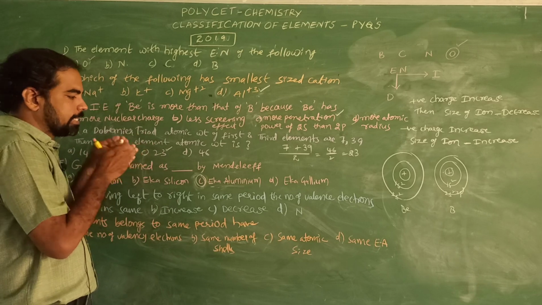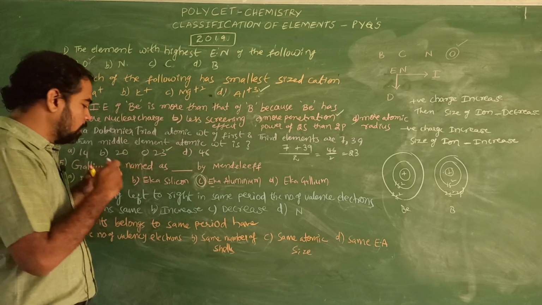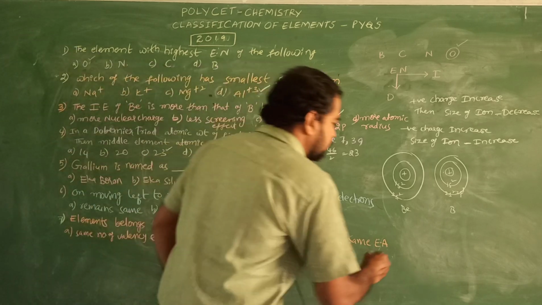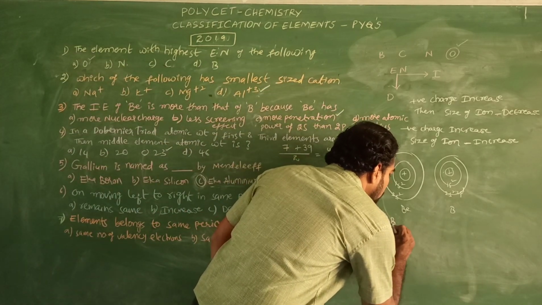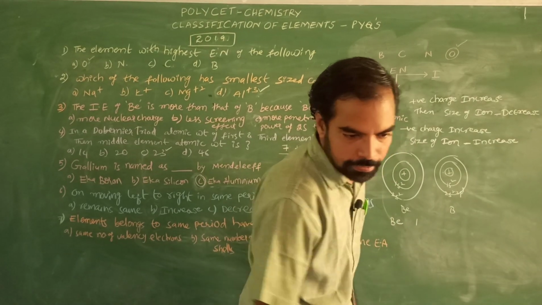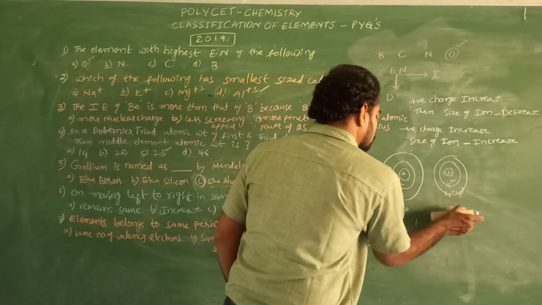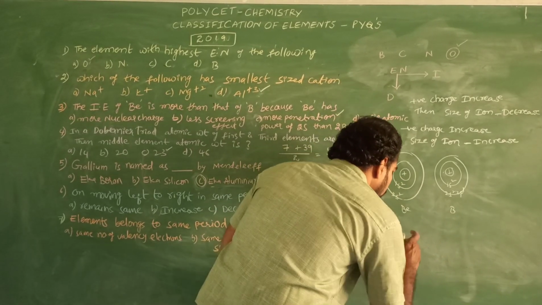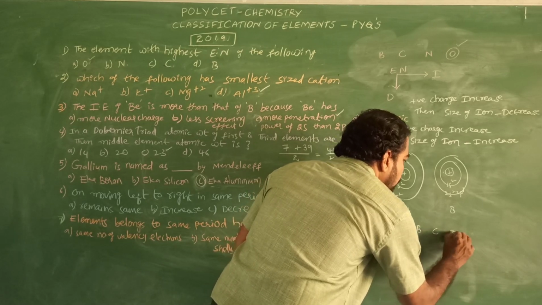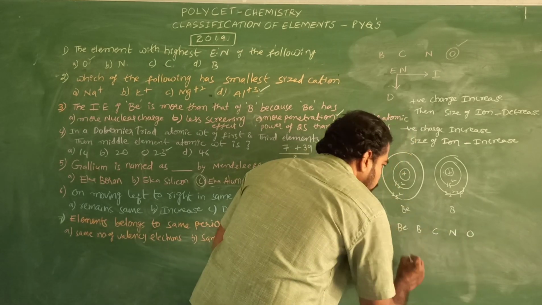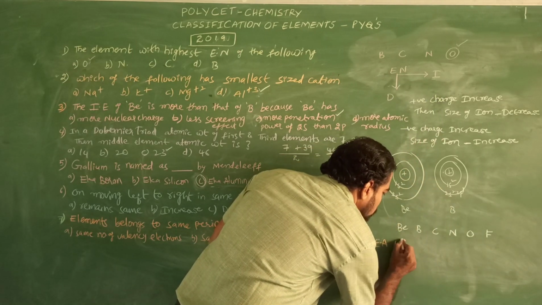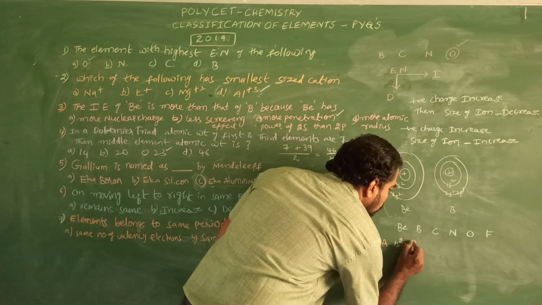Next, on moving left to right in the same period, the number of valence electrons? Let us take the same period and observe what happens to the number of valence electrons. Let us see the example: beryllium, boron, carbon, nitrogen, oxygen, and then fluorine. Beryllium 1s2 2s2.